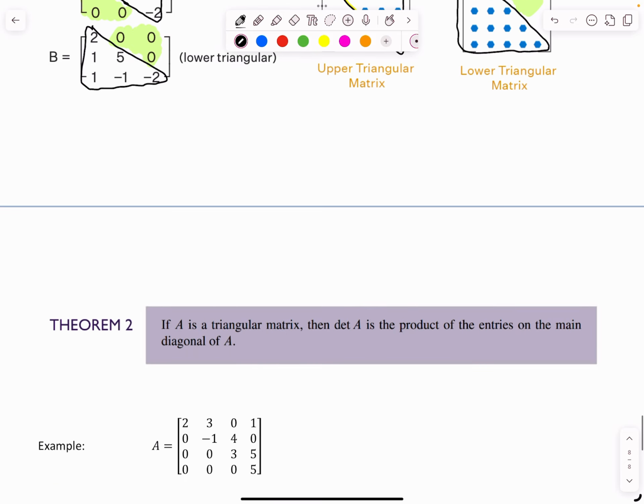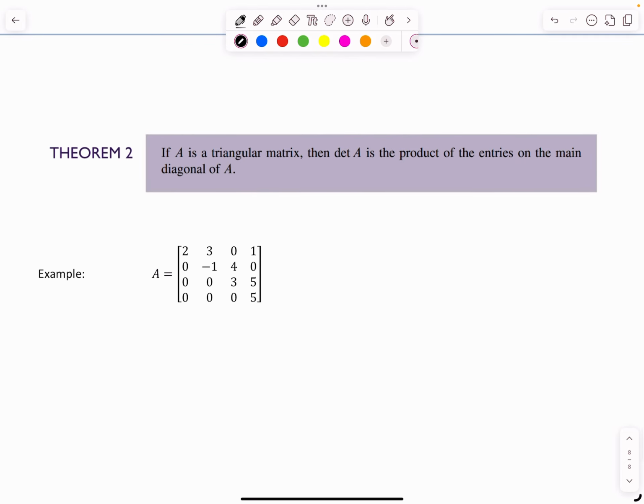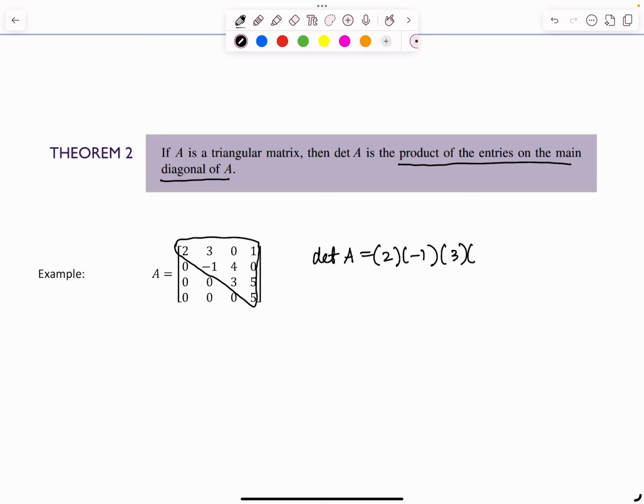All you have to do is multiply the entries on the main diagonal. So you see this one is an upper triangular matrix. And so according to this theorem, the determinant of A is just 2 times minus 1 times 3 times 5, which is going to give you negative 30.